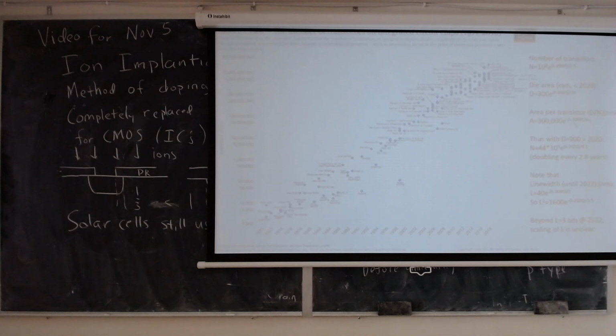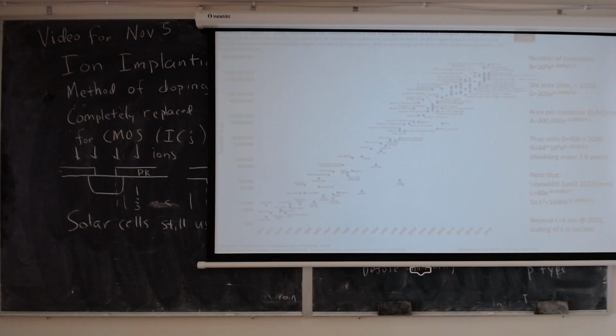The area per transistor is this, and so basically if you divide that by the line width squared, around 2009, it took 1600 line width squares, and so that's basically a transistor would fit into 40 line widths on a side.